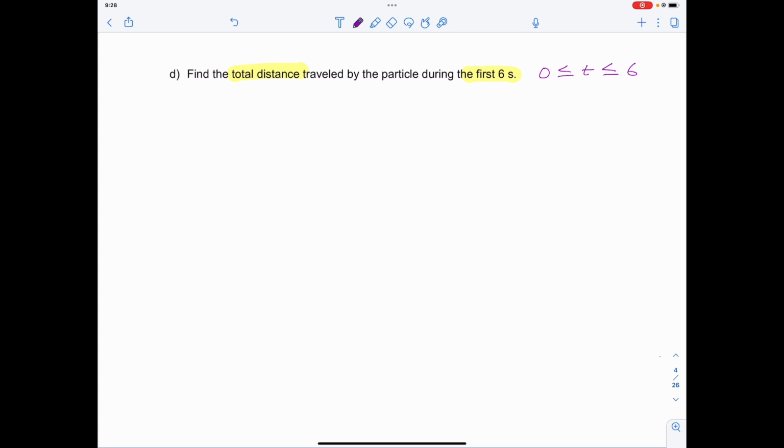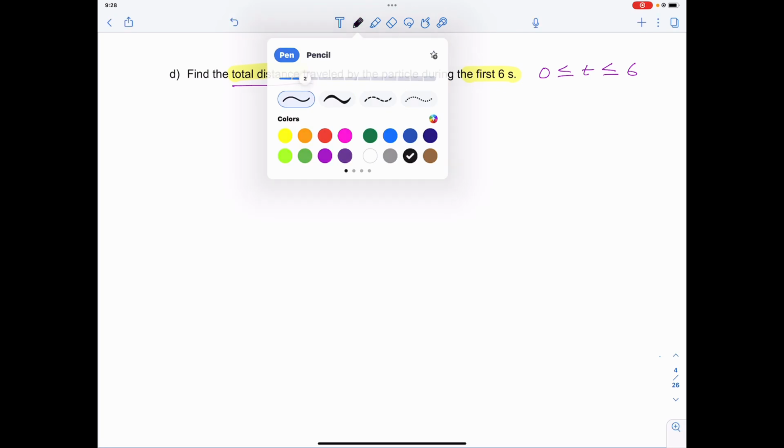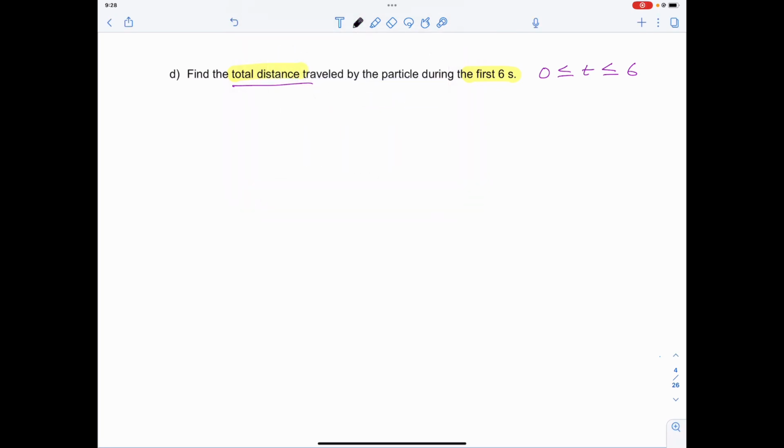Now, anytime we're looking at the total distance, we're looking at the absolute value of the sum of the differences, which means I can look at it two ways, and I don't really care which method you prefer.